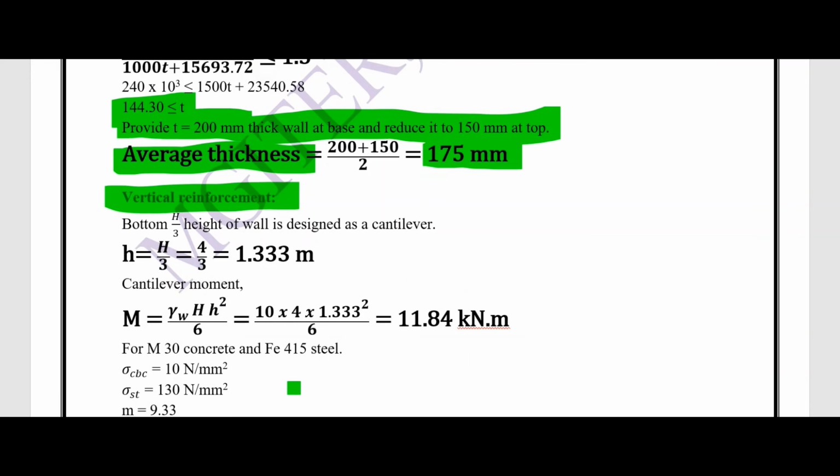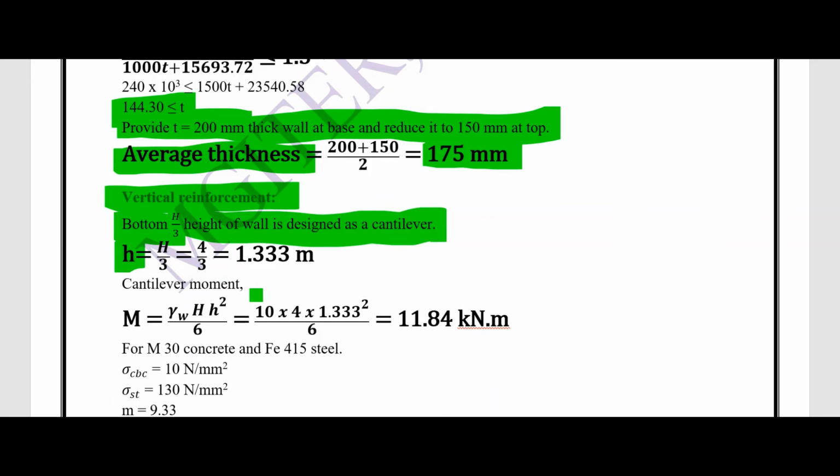Okay, we are going to design the vertical reinforcement. For the vertical reinforcement, we assume the bottom H by 3 height of the wall is designed as a cantilever. So capital H value is 1.33 meter, and we have to design this 1.33 meter as a cantilever.